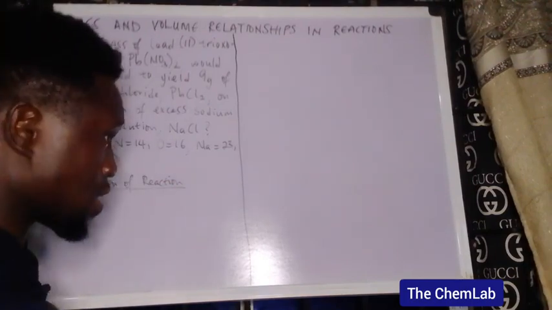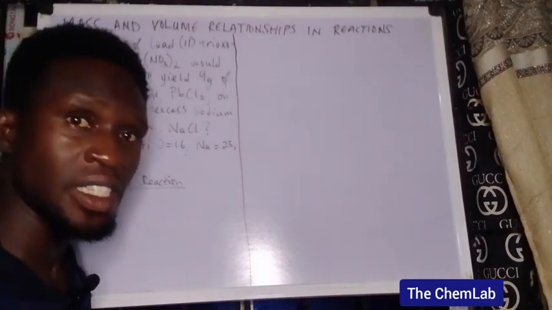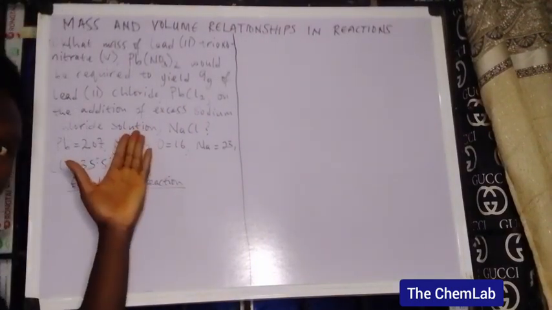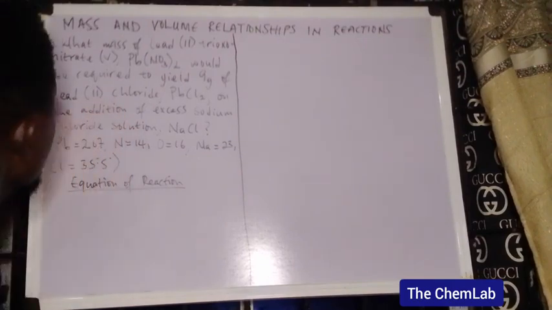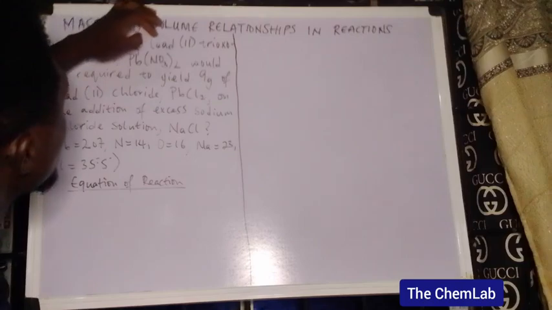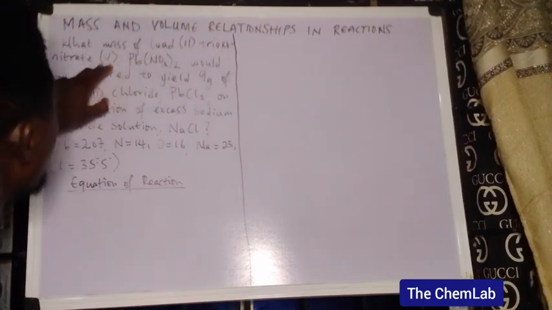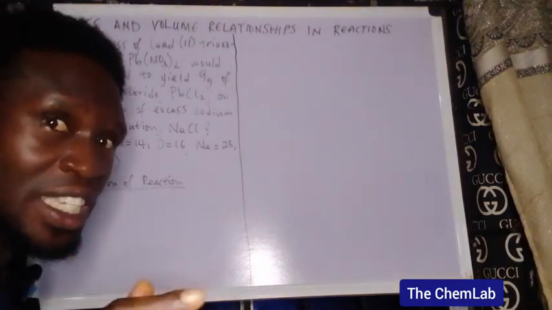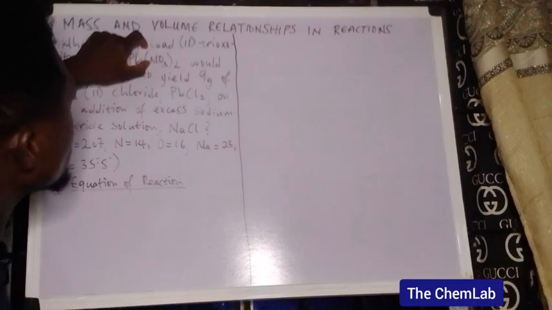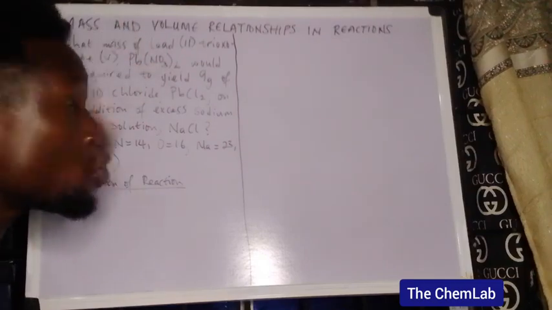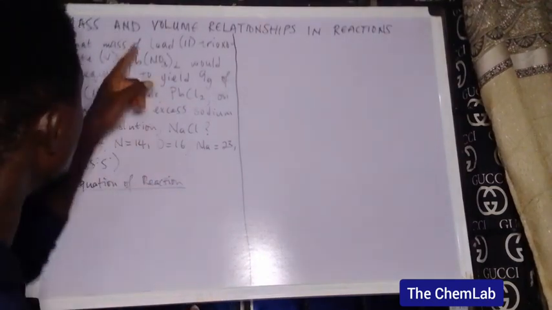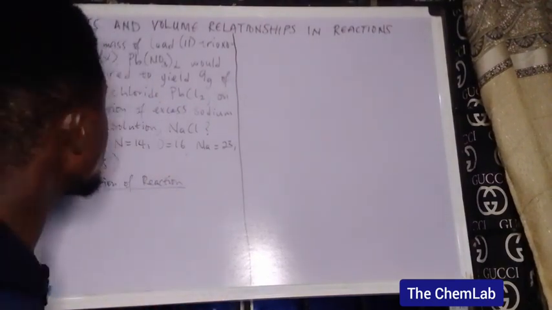The reactant side is on the left hand side, the product side is on the right hand side. According to this question, what mass of lead(II) nitrate would be required? So they're asking how much of lead(II) nitrate we would need to react. It means that lead(II) nitrate is a reactant.